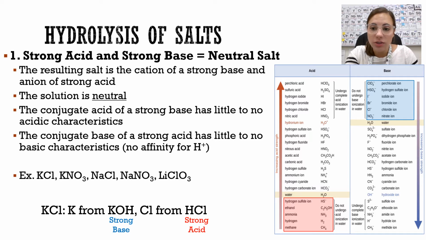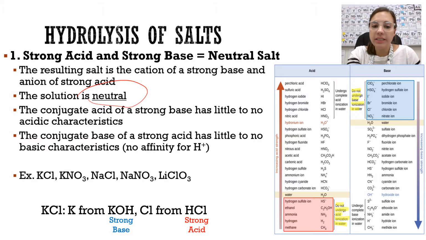If you look at the actual terminology used on this chart, here's my strong acid top left. On the right, the conjugates say do not undergo base ionization in water. And if you look at the bottom left, these are the conjugates of strong bases, do not undergo acid ionization in water. Because of that fact, when we have a salt that is the conjugate of a strong base and a strong acid, it is neutral because neither of the ions can hydrolyze with water.